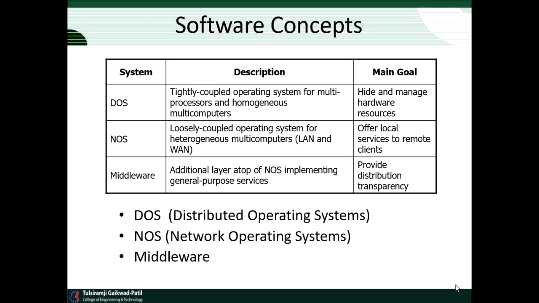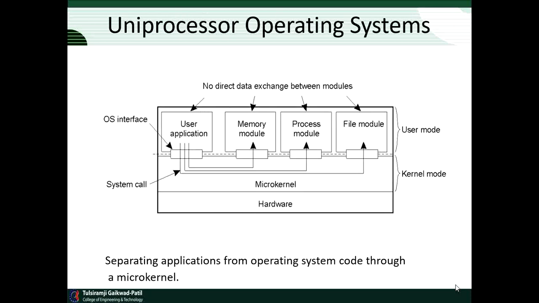The main goal of DOS is to hide and manage the hardware resources. Then NOS, the network operating system, is a loosely coupled operating system for heterogeneous multi-computers. LAN and WAN offer local services to the remote client. Then middleware is an additional layer atop of NOS implementing general purpose services and providing distributed transparency.